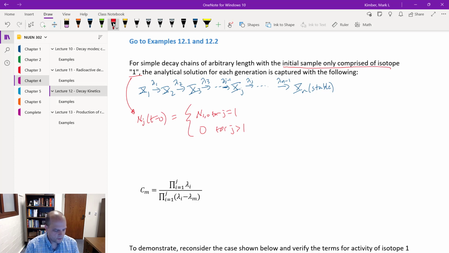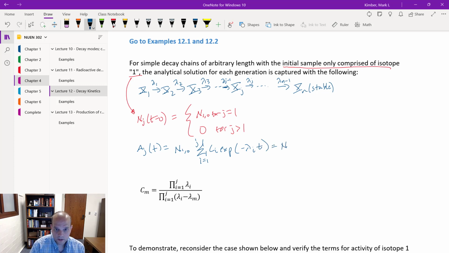And so the expression that we have for the activity then of the jth isotope as a function of time is going to be that initial inventory of isotope 1, and then we're just going to have a bunch of terms that we sum together. And this will be Ci times the exponential of lambda i times t.